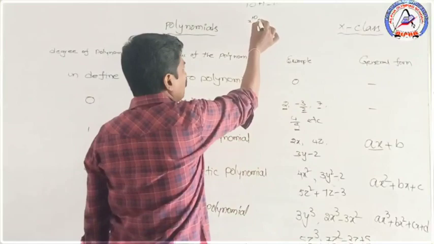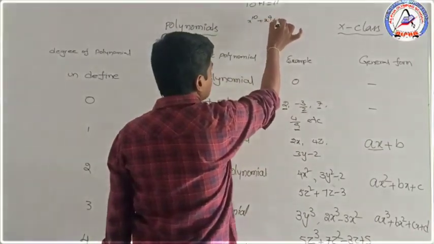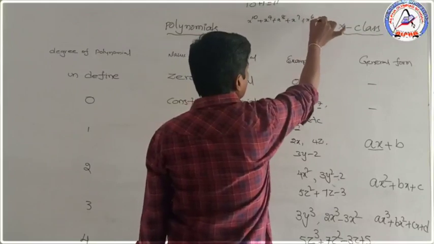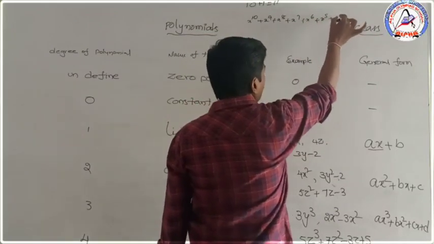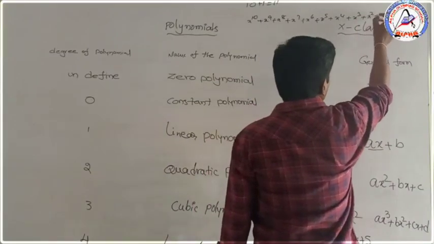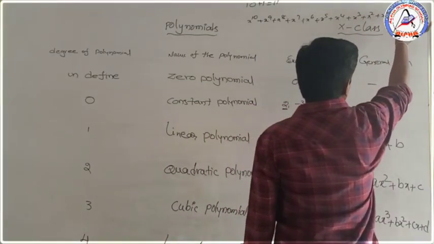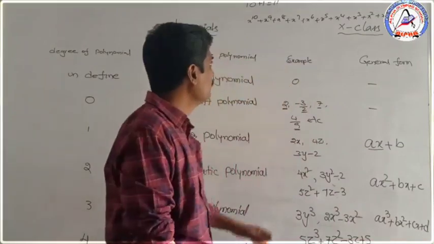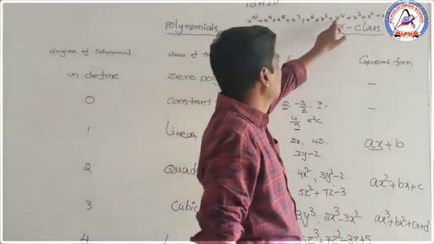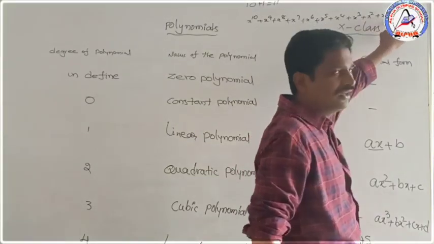For example, x power 10 plus x power 9 plus x power 8, x power 7, x power 6, x power 5, x power 4, x cubed, x squared, x, plus some constant. How many terms? 1, 2, 3, 4, 5, 6, 7, 8, 9, 10, 11.